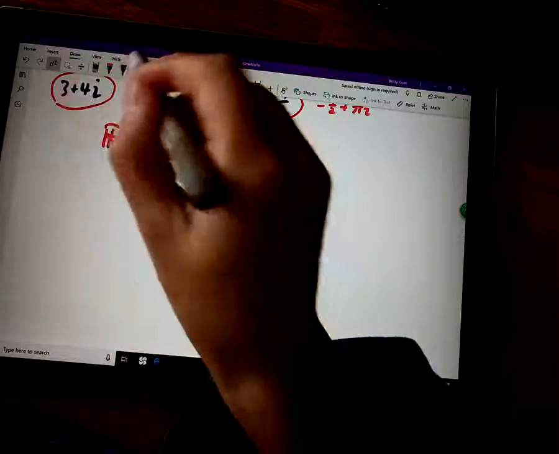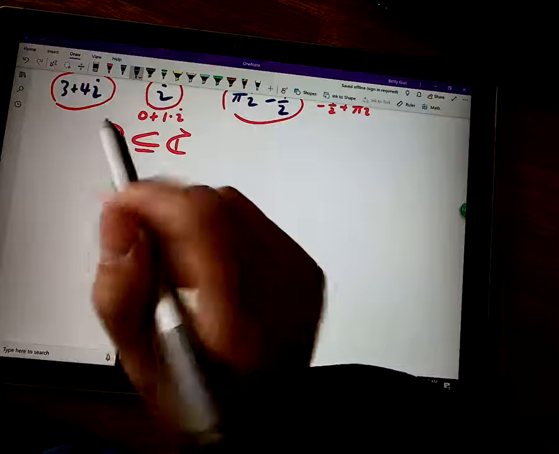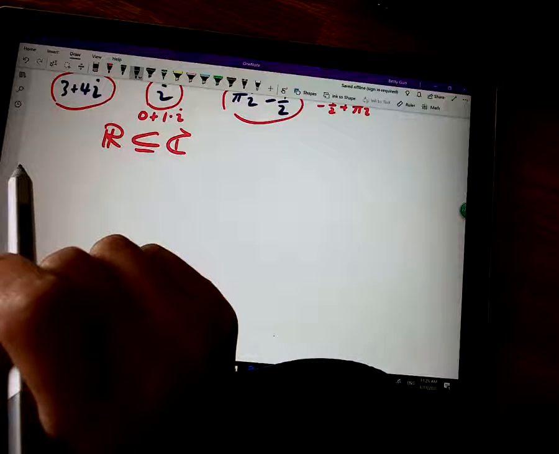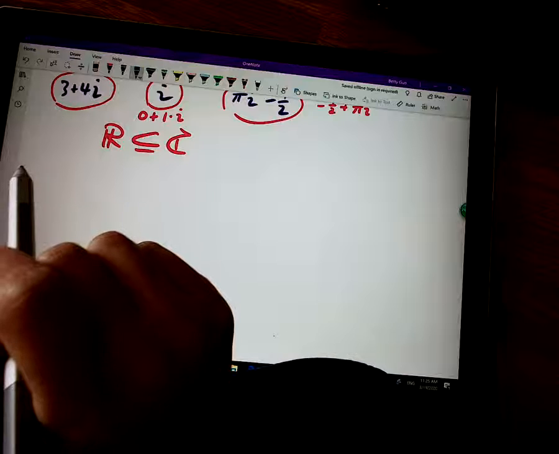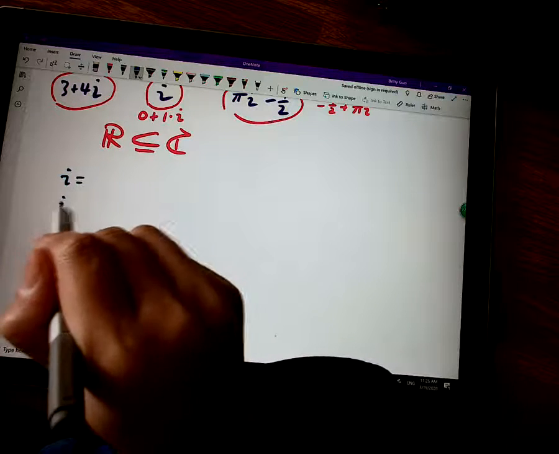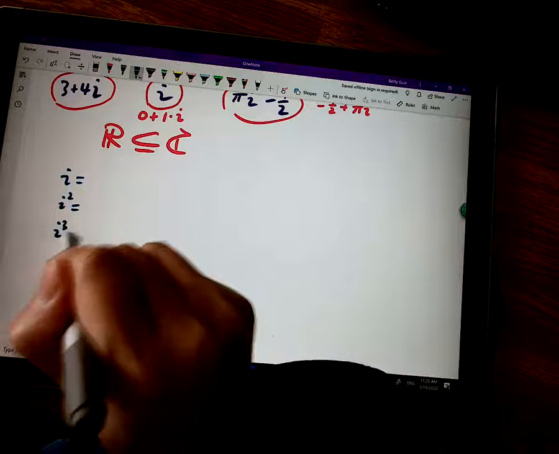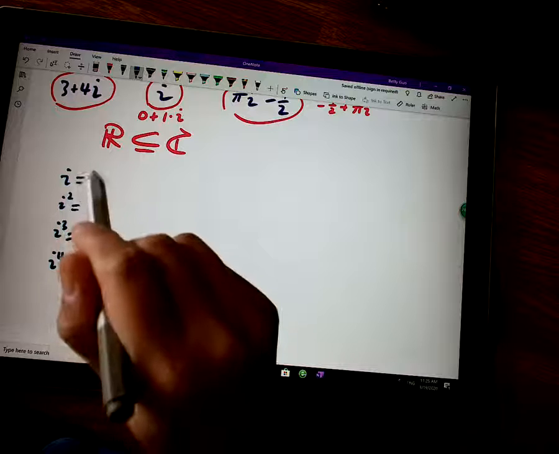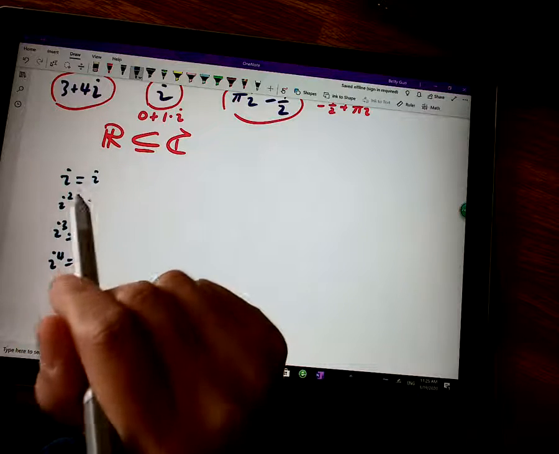Okay, now let's play with the little i a little bit. You can see how essential, how important the imaginary unit i is here. Let's see what that is. What is i? i is i, it cannot be simplified.